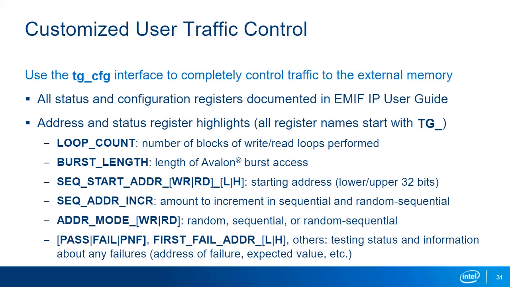Address mode lets you set one of the addressing modes mentioned earlier. The pass, fail, PNF, first fail address, and other related registers indicate the success or failure of each pattern written to the external memory and then read back. Detailed information, such as the address location of a failure and the data pattern used, are easily accessible.